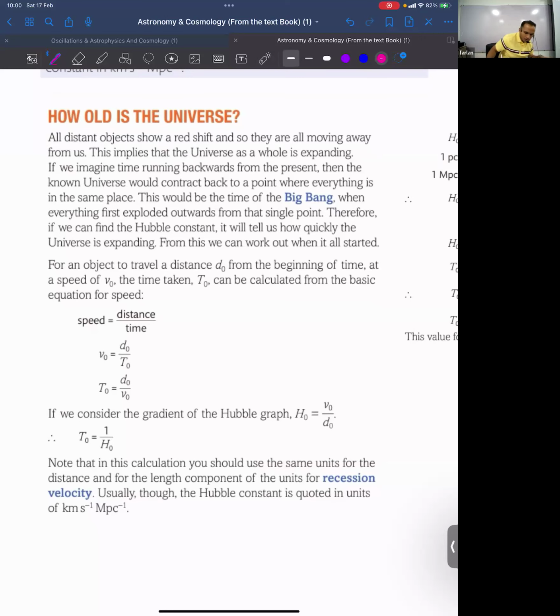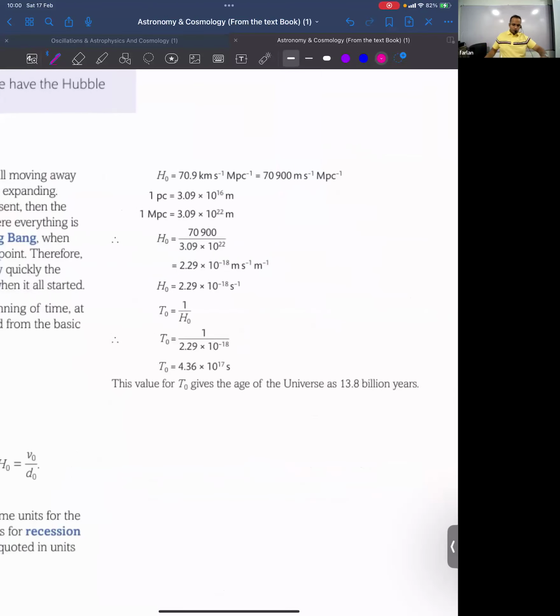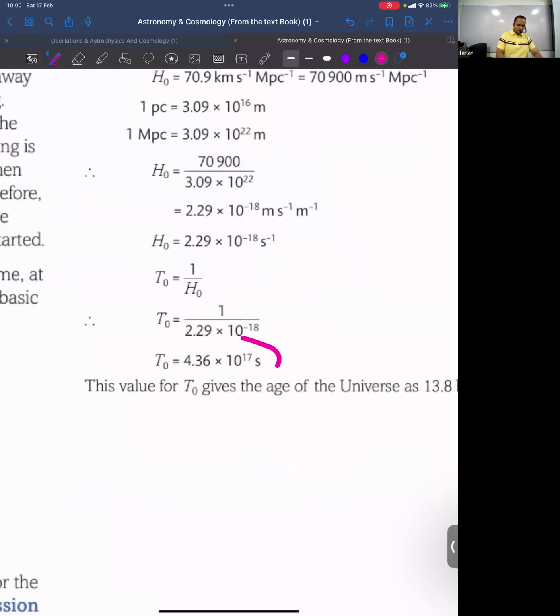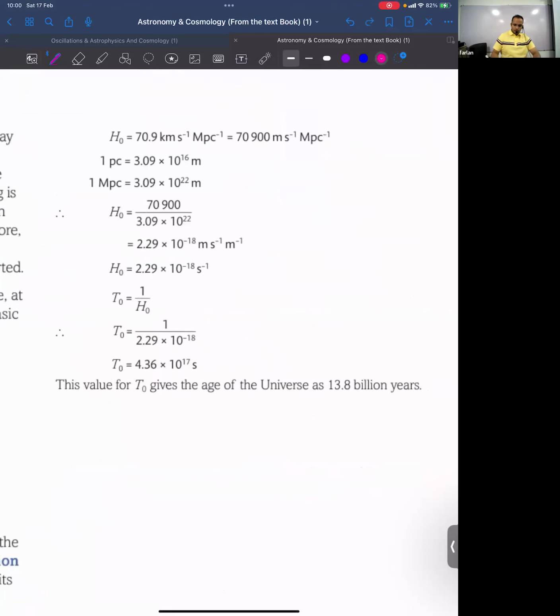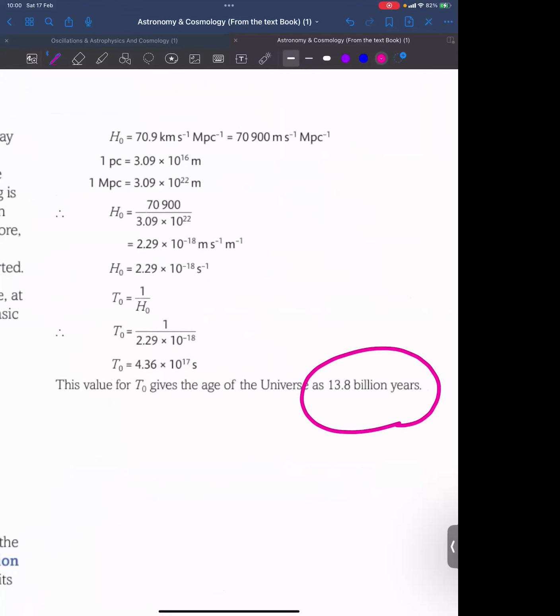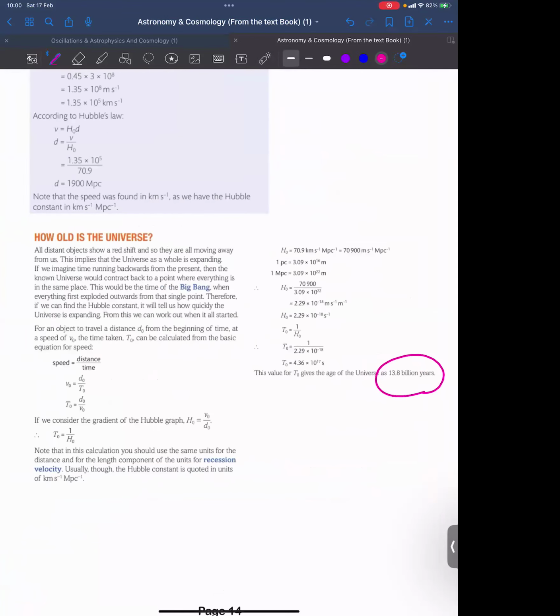So 1 over Hubble's constant will give you the time taken, which, when you simplify it, will come to about 4.36 times 10 to the power 17 seconds, which in terms of years is 13.8 billion years. That is not necessary for you. If you are interested, you can go through that calculation.